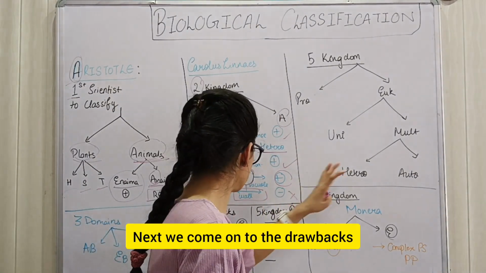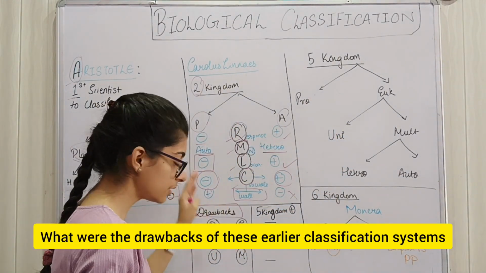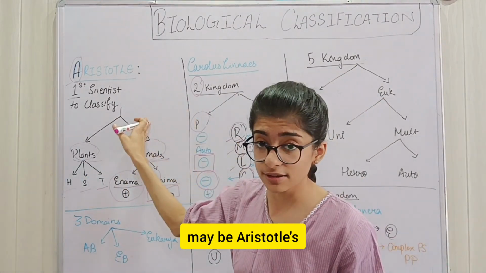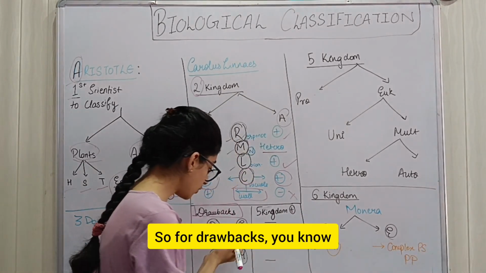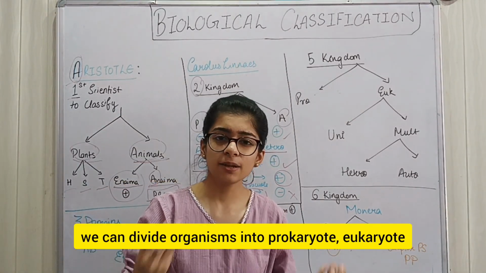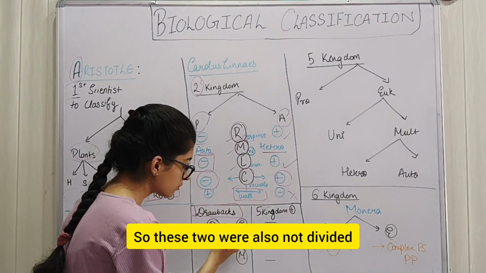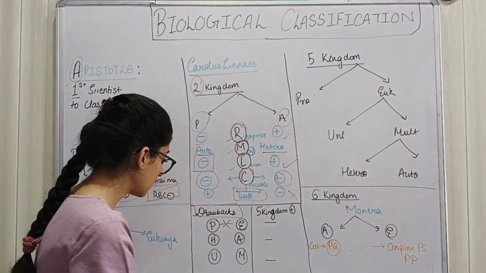Next, we come on to the drawbacks. What were the drawbacks of these earlier classification systems? Maybe Aristotle's or Carl von Linnaeus's one, right? So, for drawbacks, we can divide organisms into prokaryote, eukaryote. So, these two were also not divided. They were in the same kingdoms.